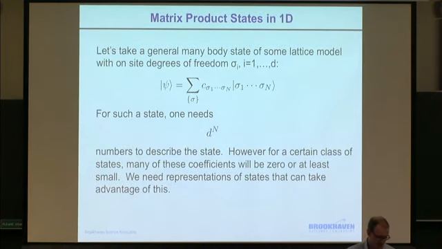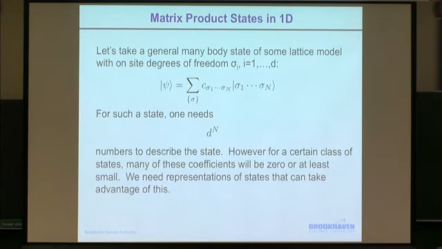So let's start right at the beginning and talk about matrix product states in one dimension. So why do we need matrix product states at all? Well, if we have a general many-body state in one dimension, and we try to write down the corresponding wave function, we see that we need, in general, a huge number of numbers to describe this wave function.